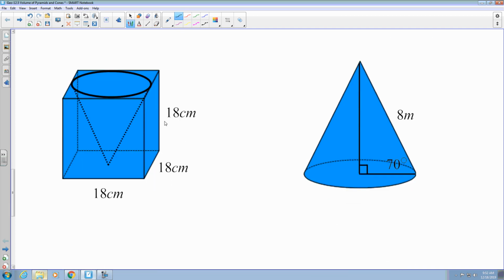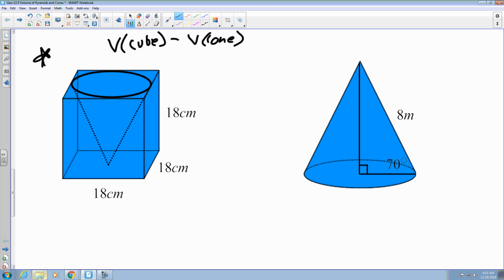All right, in this particular one right here, we have a cube, but inside of the cube is kind of like a cutout version of a cone. So essentially you're going to find the volume of the cube, and then subtract the volume of that cone on the inside.